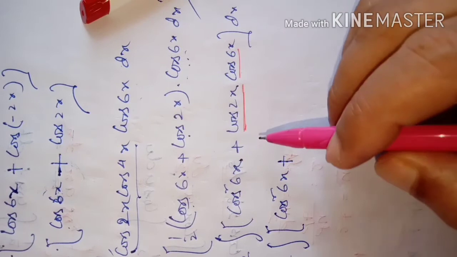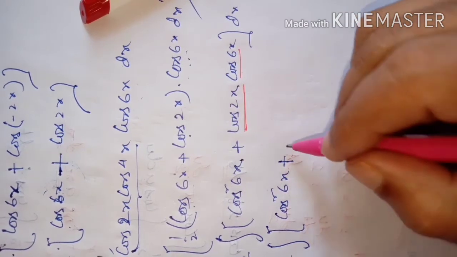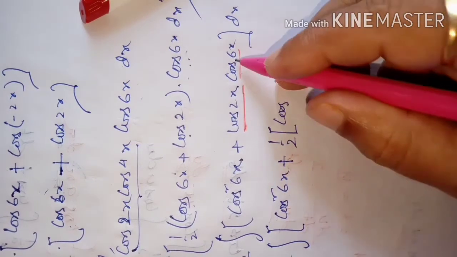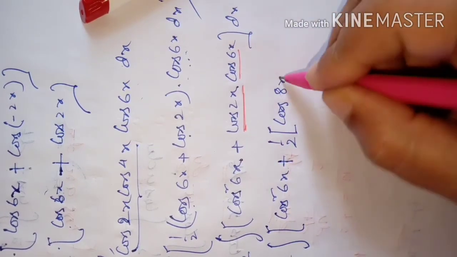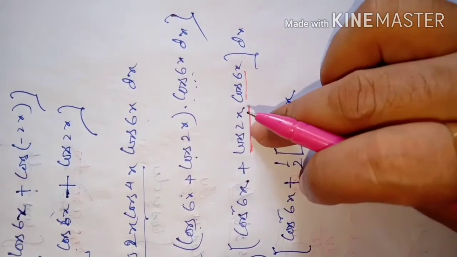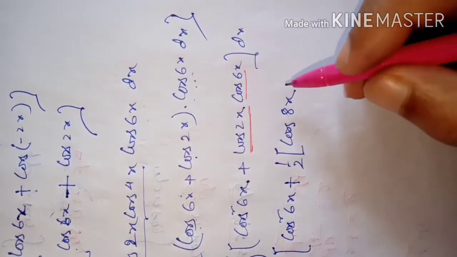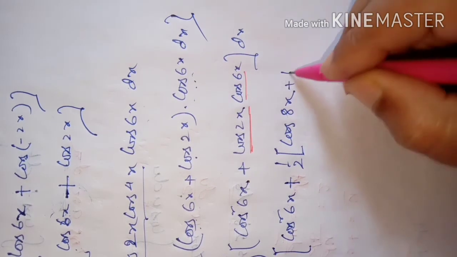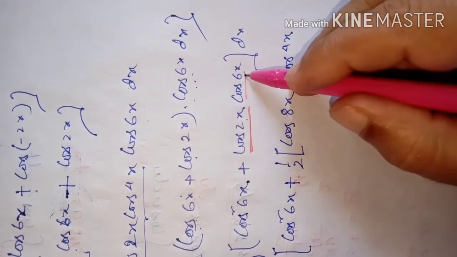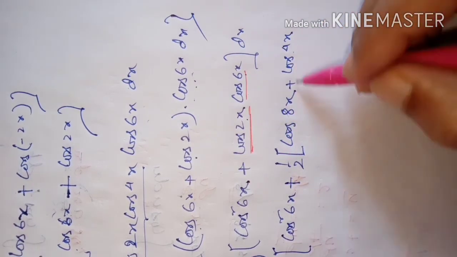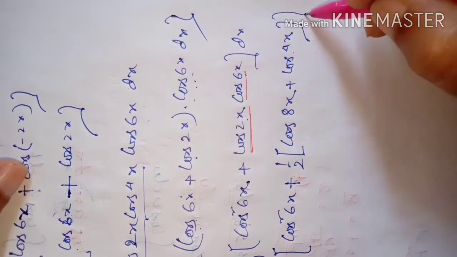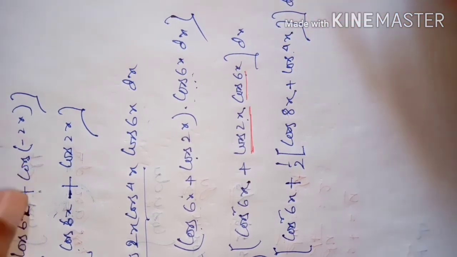For this we can write it this way, half into bracket cos 8x, this plus this, then for 2x minus 6x, that is minus 4x, that is plus only cos 4x. So this is bracket closed, here one more bracket dx. So this is the expression.